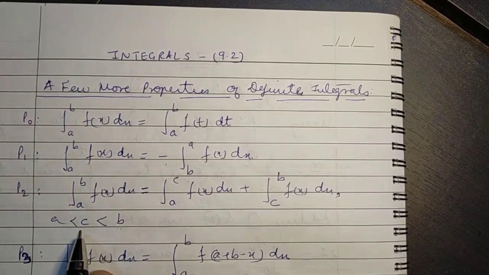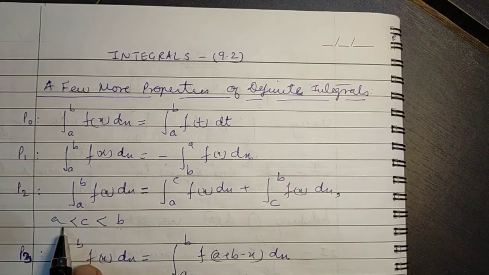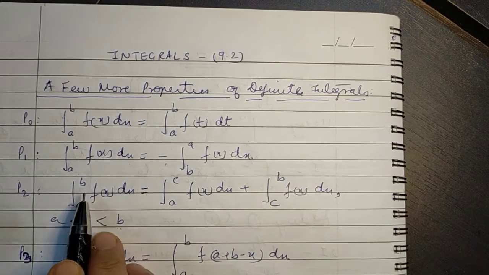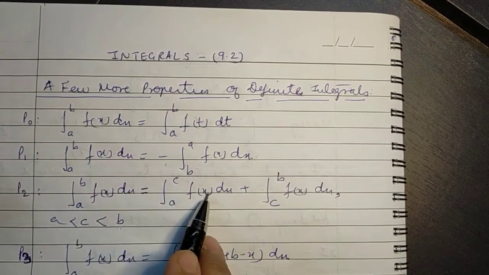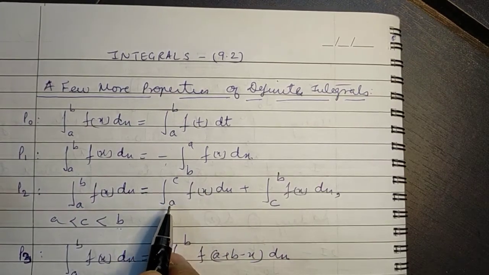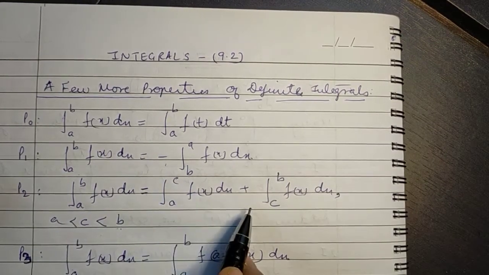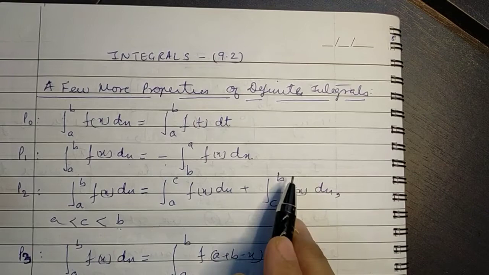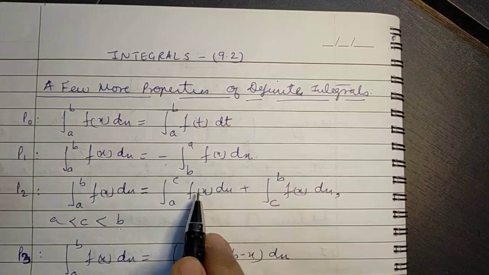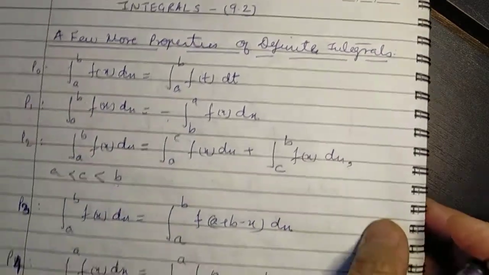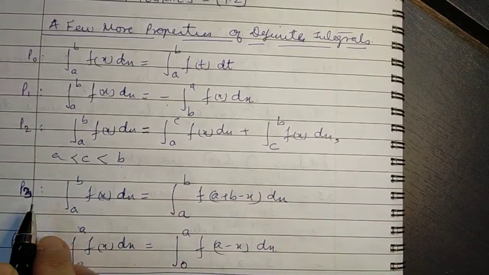Suppose we have c1, c2, c3 in the same order lying between a and b, then the integral can be split into one integral from a to c1, then c1 to c2, then c2 to c3 and c3 to b, and the function and the variable of integration remain the same.